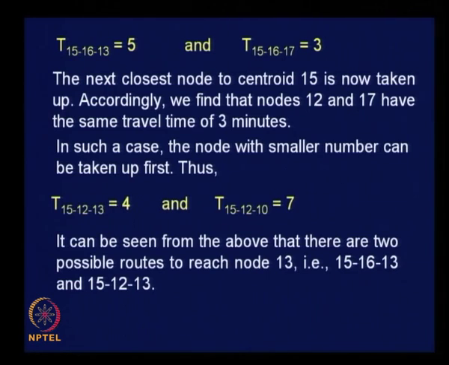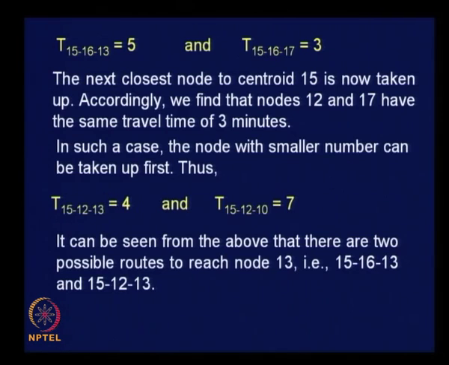15, 16, 13 costs you 5 minutes of travel time, and 15, 12, 13 takes only 4 minutes of travel time. So you have to obviously take the shortest path. So 15, 12, 13 is the right path to reach 13 from the zone centroid, not 15, 16, 13.